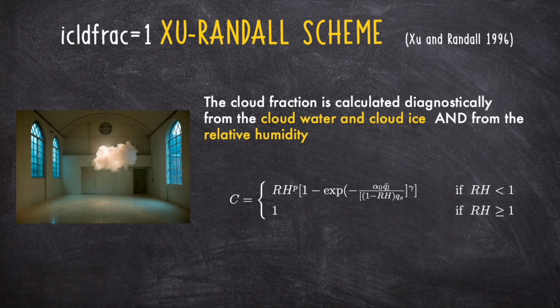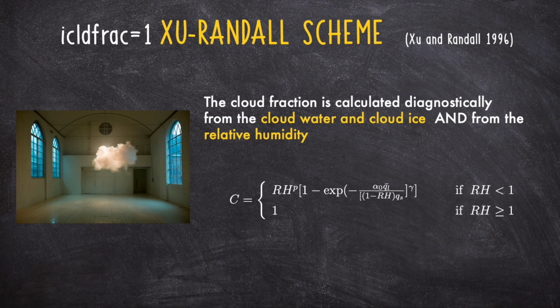So, setting ICLDFRAC to 1, we activate the Xu and Randall scheme. This scheme was developed by Xu and Randall. They proposed a semi-empirical cloudiness parameterization that uses the large-scale relative humidity, but also considers the large-scale average condensate, which is the cloud water and the cloud ice, as the primary predictor.